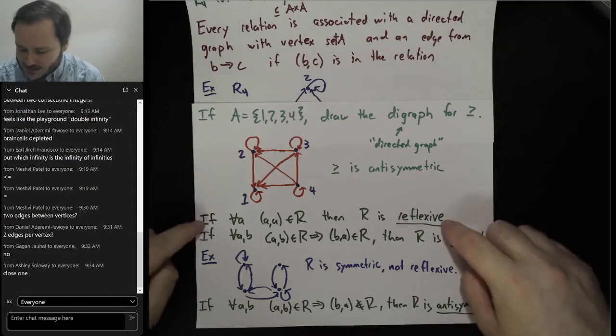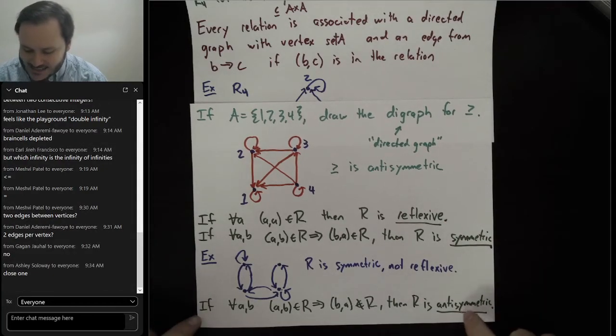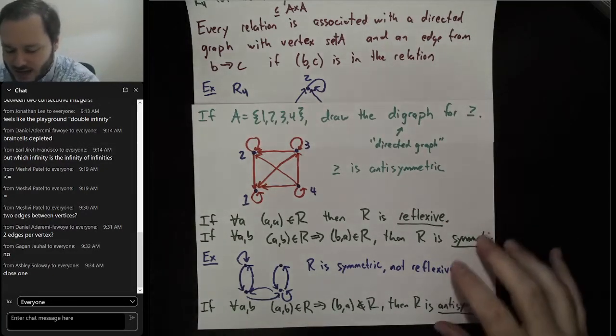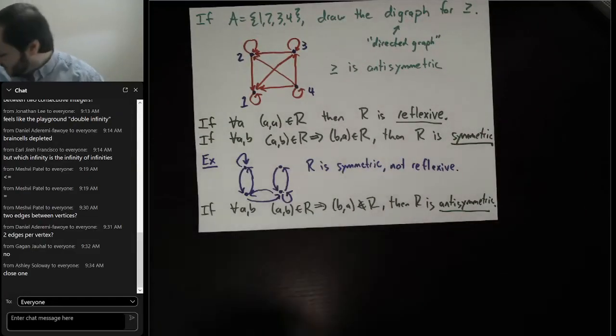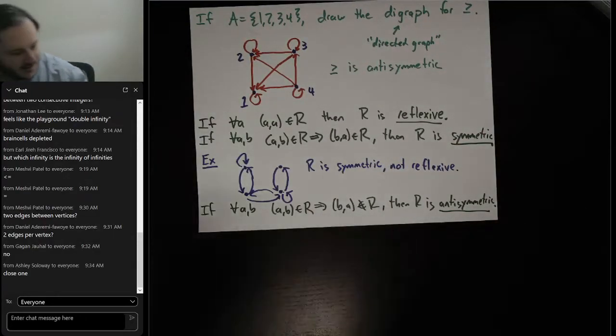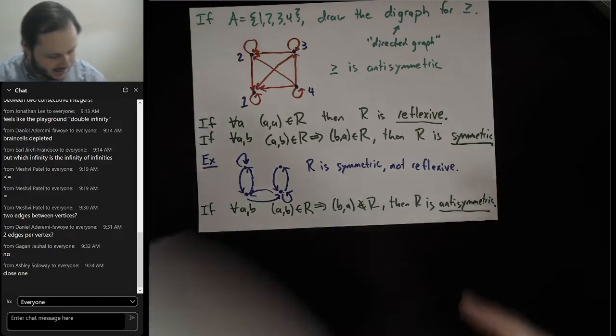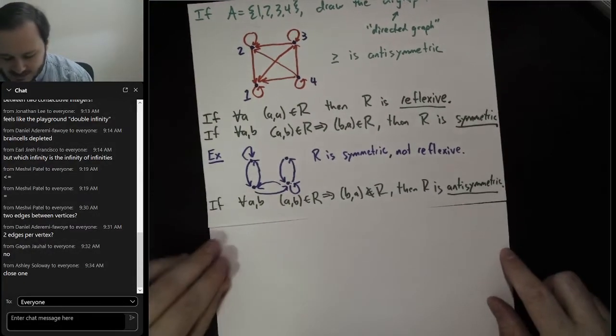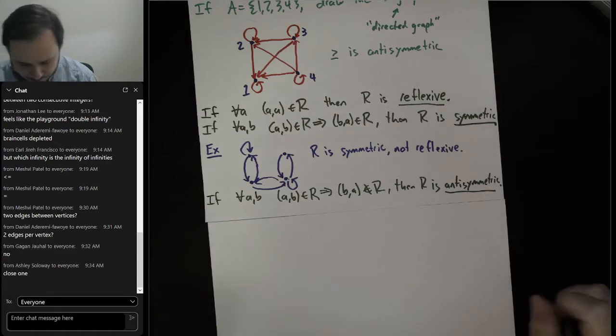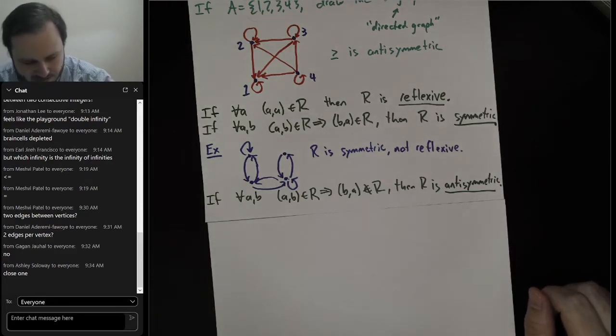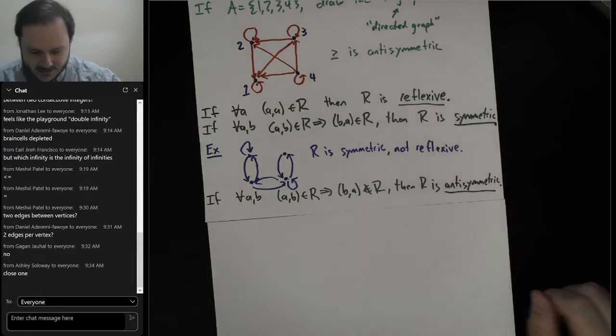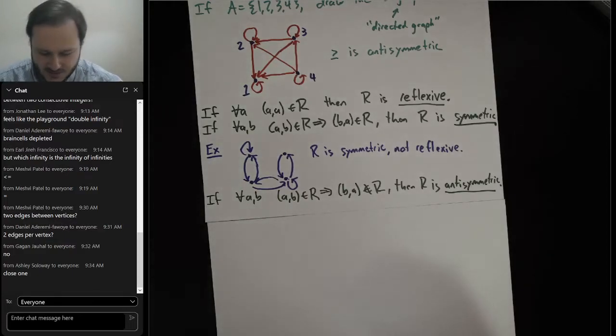Okay. Reflexive, symmetric, antisymmetric. One last quality: is it transitive? Transitive is the hardest one to figure out just from the definition.